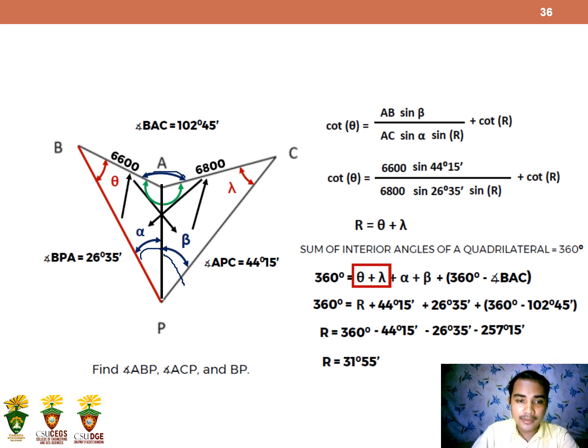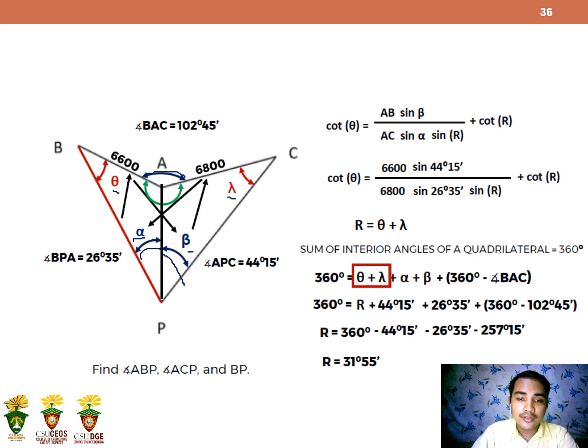We have also given AB, which is 6,600 meters, and AC to be 6,800. Now, mo na akong gingon na we need to familiarize on the placement of the variables. Again, on the left side is the vowel, which is alpha, and the theta. So, na si theta, na si alpha. And on the right side is the consonant, which is the beta and the lambda.